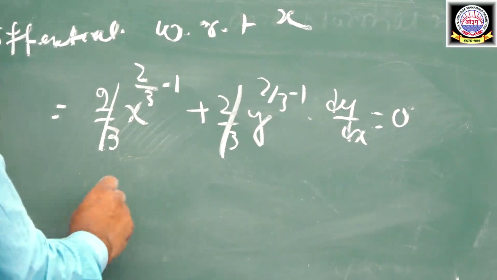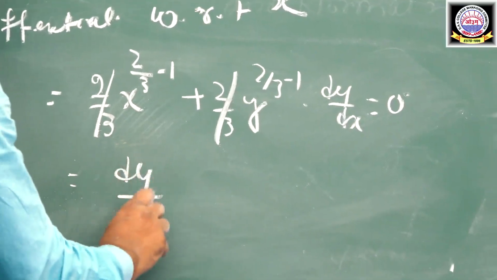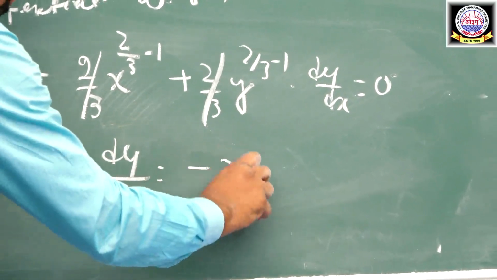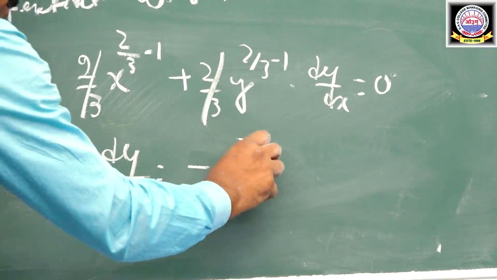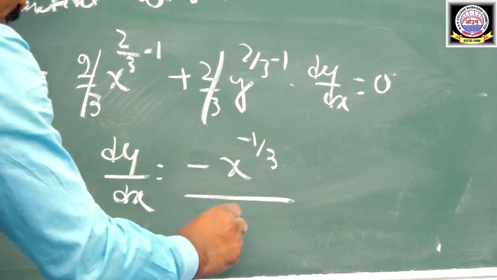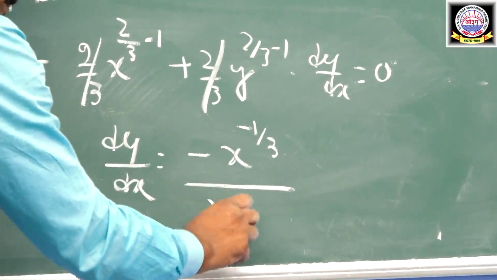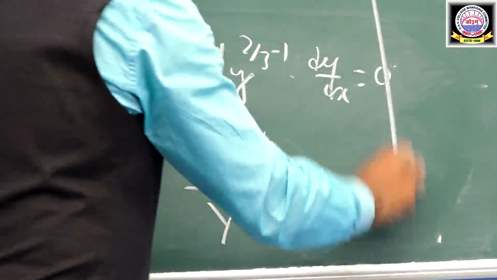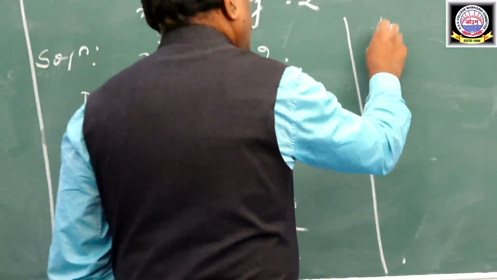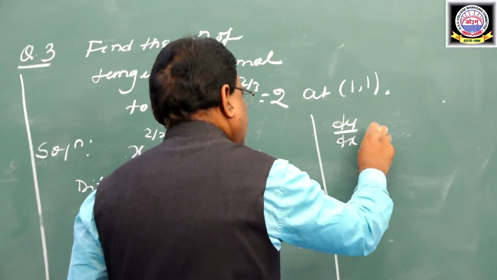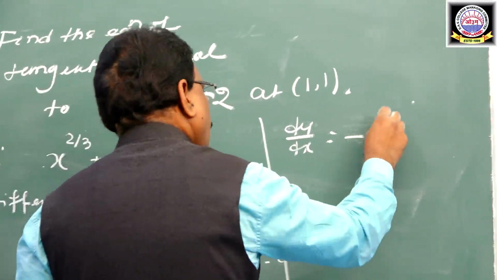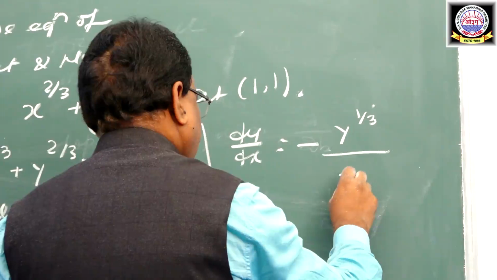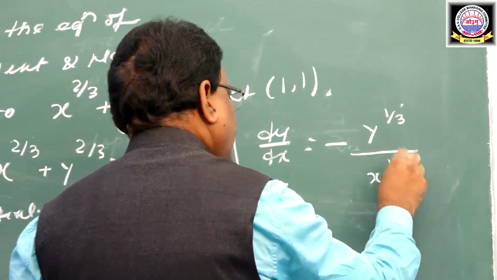So let us find dy by dx. So dy by dx will be equal to minus x to the power minus 1/3 divided by y to the power minus 1/3. Or in shortcut I can write dy by dx is equal to minus y to the power 1/3 divided by x to the power 1/3.